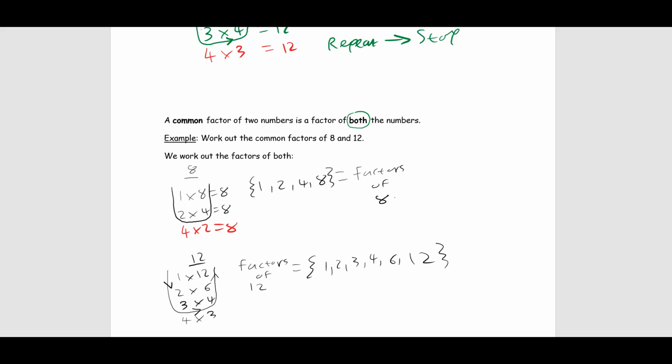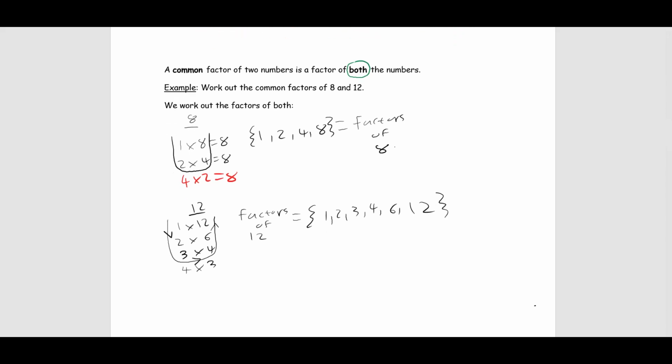So I ask you, which number is in both of these sets and is the largest? Well, we can see that 4 is in both of the sets, and it is the largest number in both of the sets.